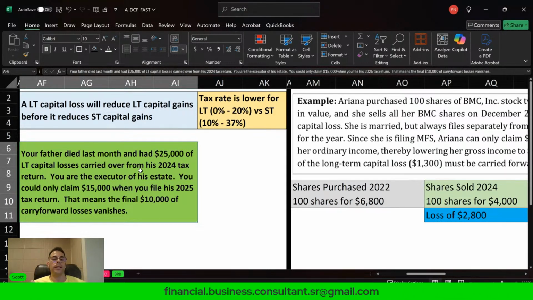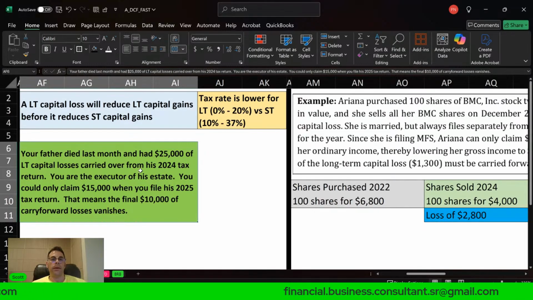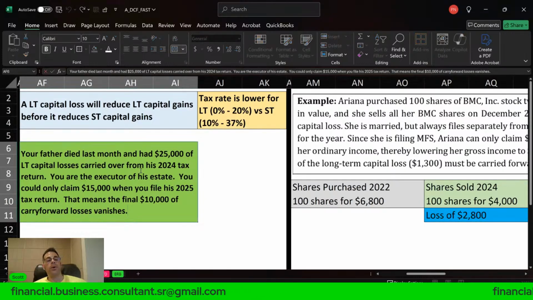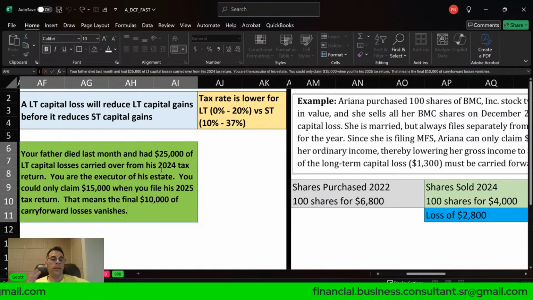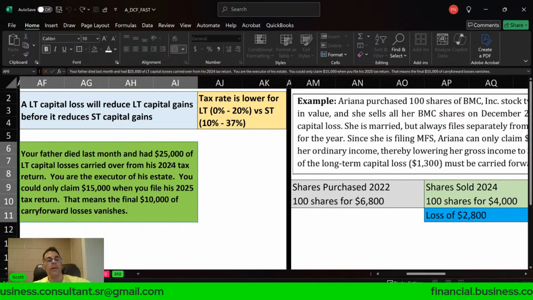So in the beginning of 2026, say you're the executor of his estate, which means you're responsible for all his finances once he dies. You have to make sure his final tax return, his 2025 tax return, gets filed.